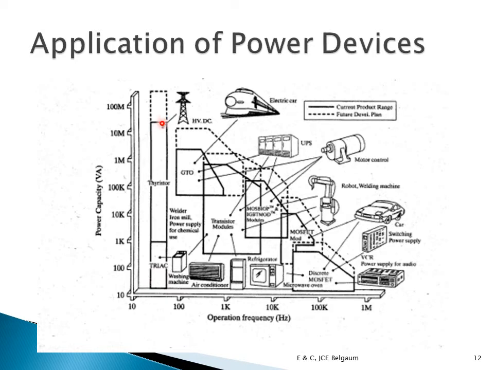So thyristors are placed here, with mid-range to high-range power. Thyristor generally means SCR and others other than GTO. As far as frequency is concerned, it is again on the low frequency side, but from mid-range power to high-range power, and its application could be HVDC, for example.